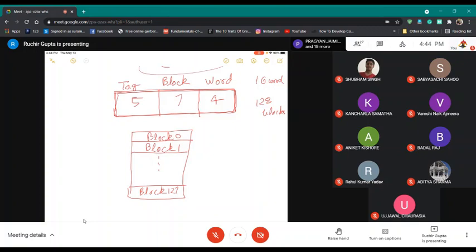And for main memory, I'll just denote it like this. For main memory, how will it be like? So block 0, block 1, or I can probably change the color.